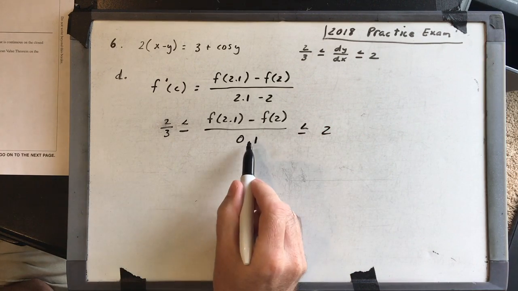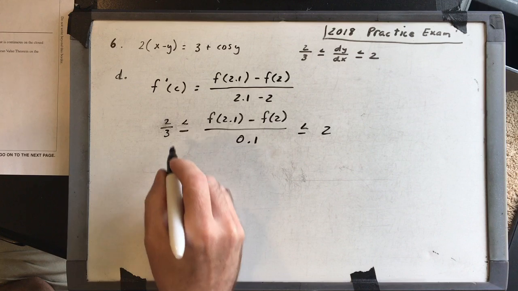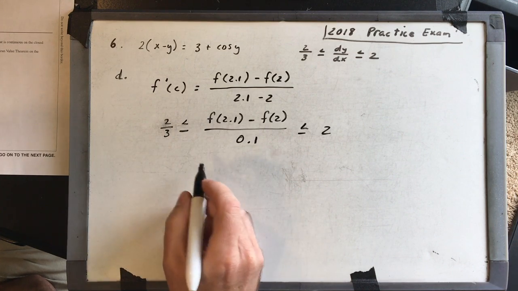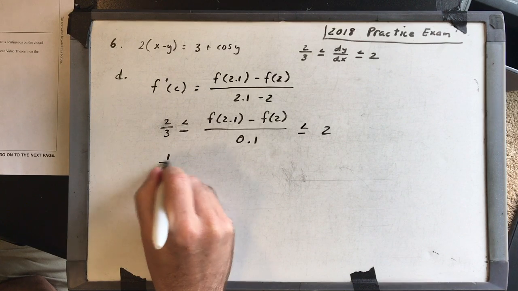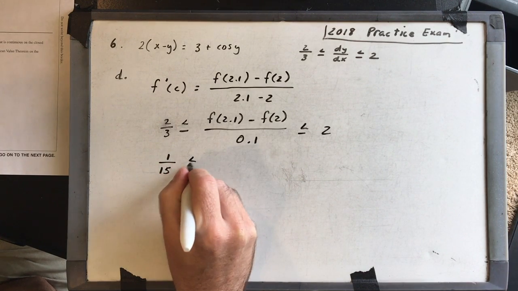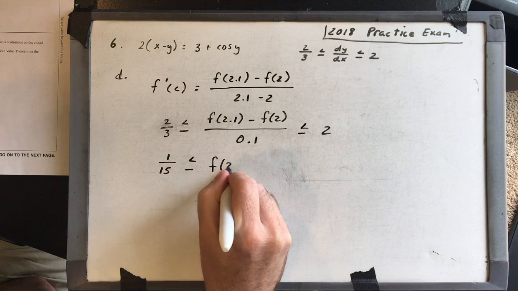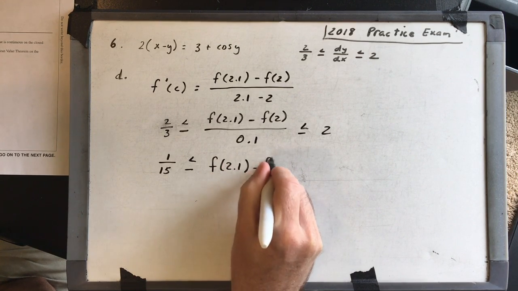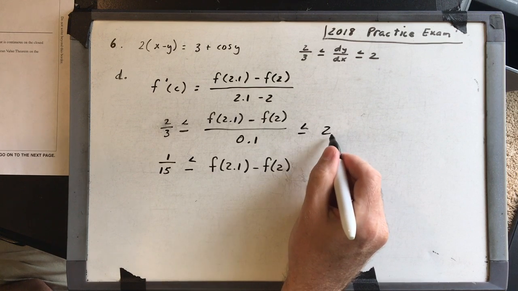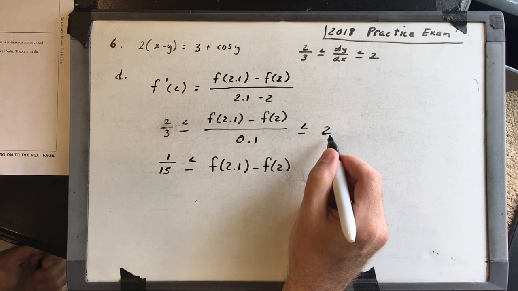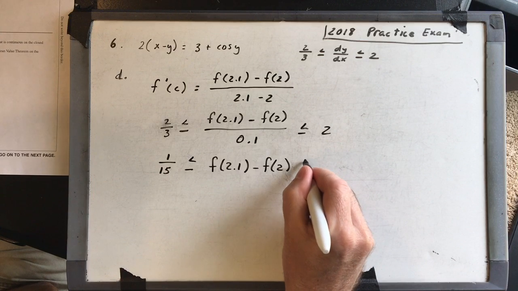So if we just multiply the whole thing through by 0.1, 2/3 times 0.1 would be 2 over 30, so that's 1 over 15. And then 0.1 times 2 is 0.2, that's 2/10, which is 1/5.